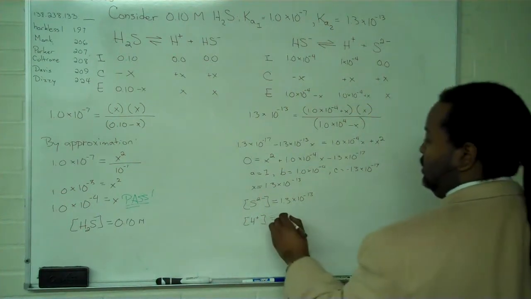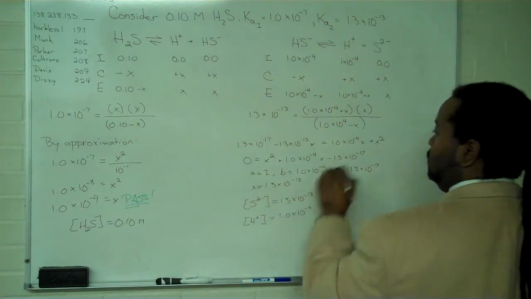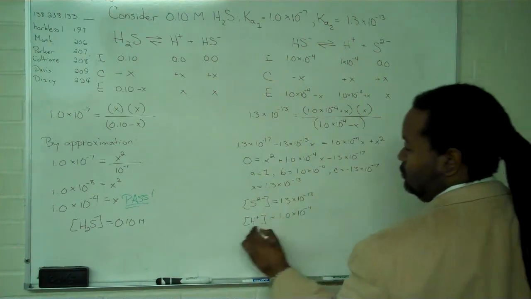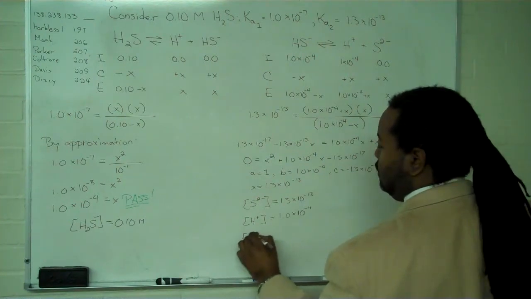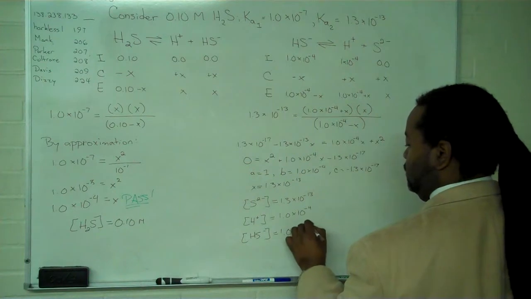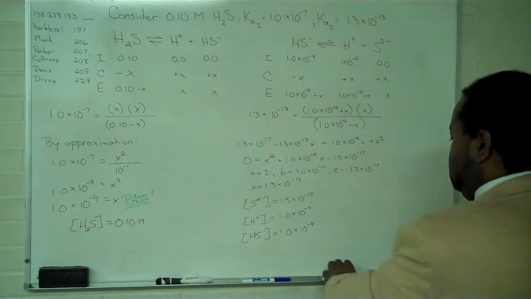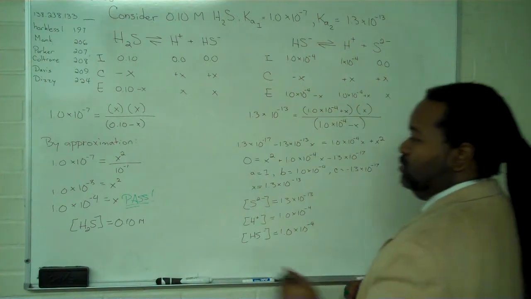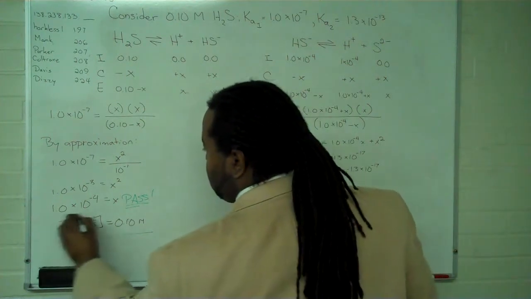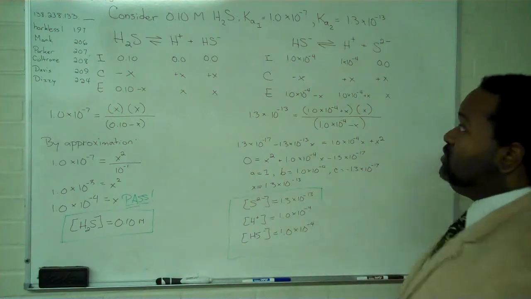The hydrogen ion concentration and the HS minus. So by using stepwise dissociation, it's possible to find equilibrium values for all of the species found in both of these steps.